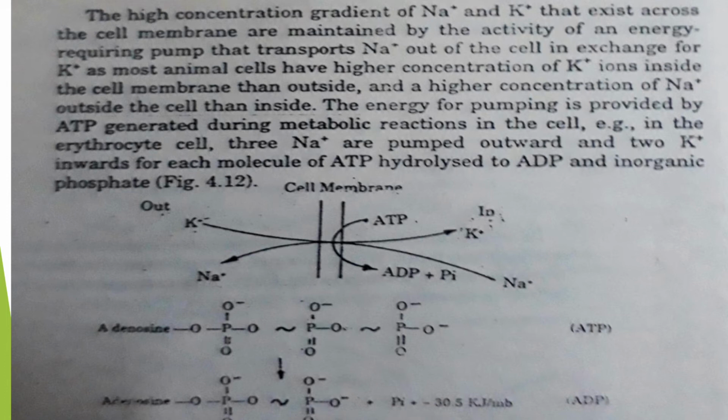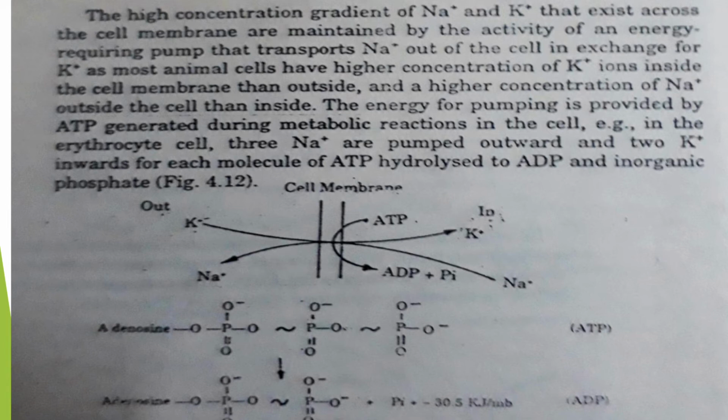Most animal cells have a higher concentration of potassium ion inside the cell than outside, and a higher concentration of sodium outside the cell than inside. The energy for this pumping is provided by ATP generated during metabolic reactions in the cell.